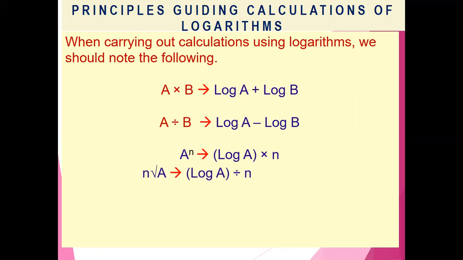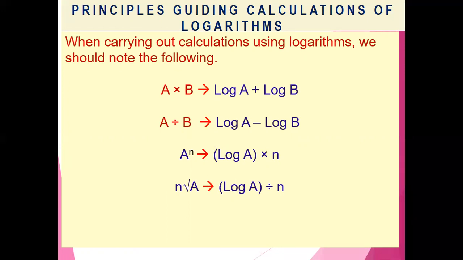Then when you have the nth root of a number, you should find the log and then divide by the root that you have. So these are just the main key rules that you need to take note of. They are closely related to the laws of indices.